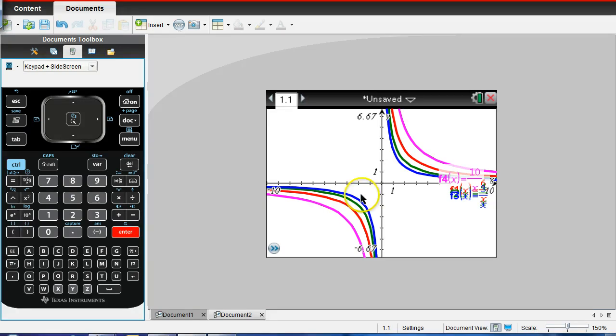We'll look at writing this down in our notes in a second, but I just want us to look at the graph as we talk about some of these things. Now, if I were to change these graphs so that k is negative, so y equals negative 6 divided by x, my y equals 6 divided by x was this blue graph here, but as soon as I made it negative, watch what happened.